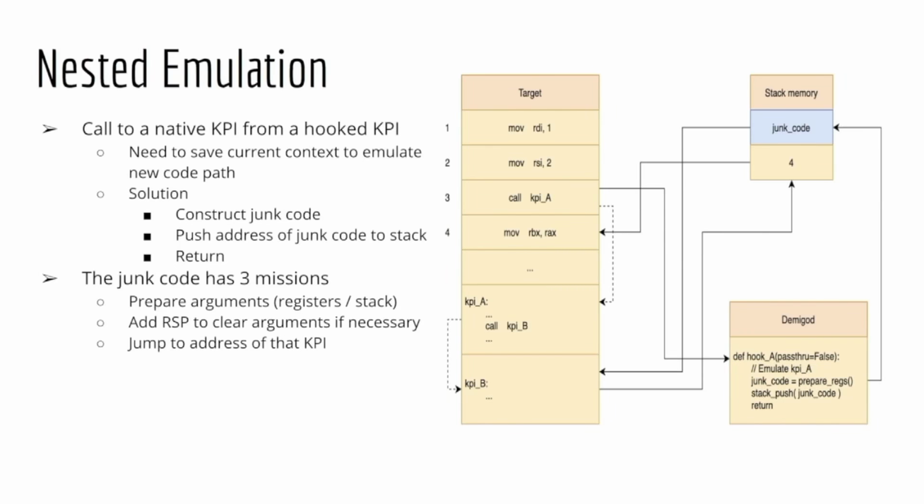So I construct junk code and push its address to the stack as a safe RIP. This junk code has three main missions: prepare arguments in registers or on the stack, clear the stack after calling, and jump to the native KPI directly.